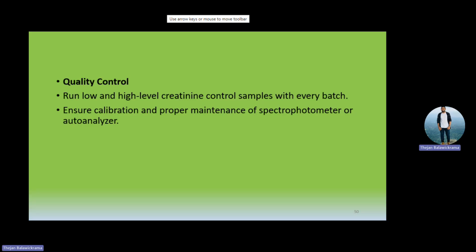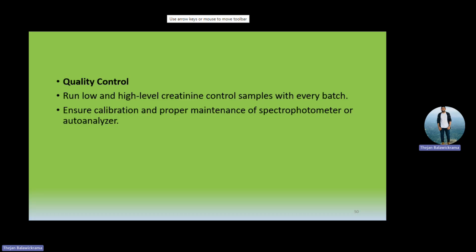As usual, in this test we have to manage the standards, otherwise the final answer is not going to be accurate. So run low and high levels of creatinine control samples with every batch, for calibration purposes.